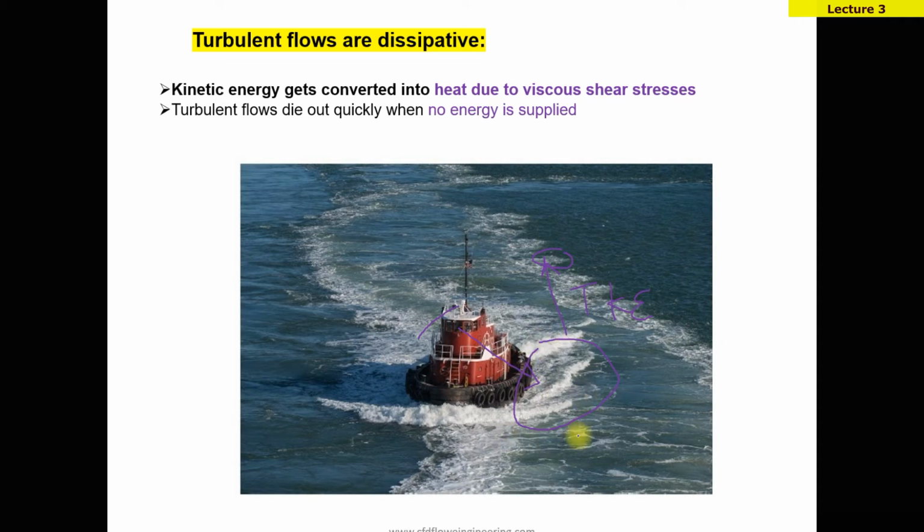Because of this gradient in the mean flow, these fluctuations are created at the large level, and this energy is transferred to the smallest eddies, the smallest fluctuations. Away from here, we see the turbulent kinetic energy is 0. That means the turbulent kinetic energy is dissipated. It is transferred through the viscosity.